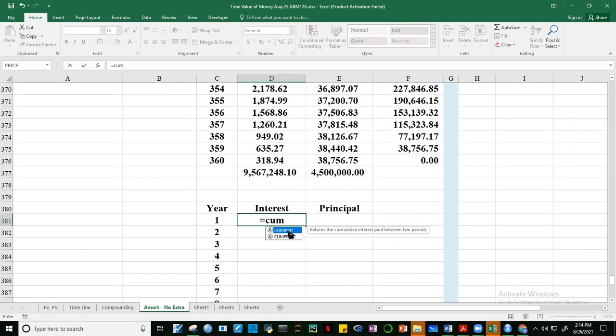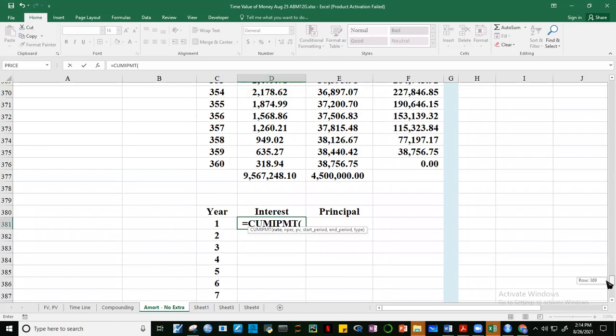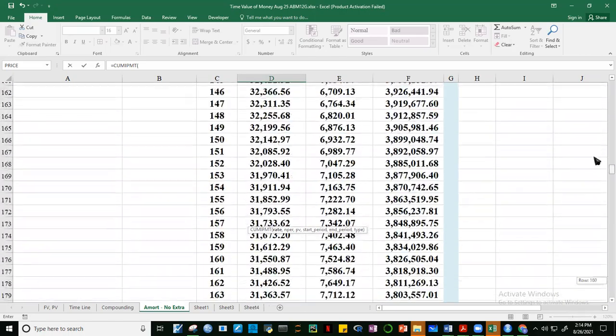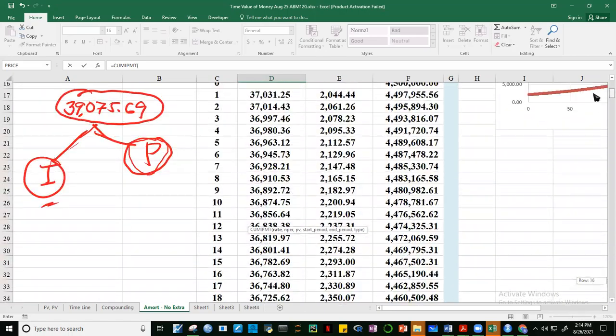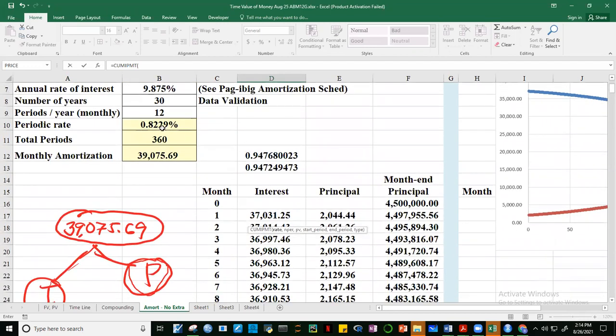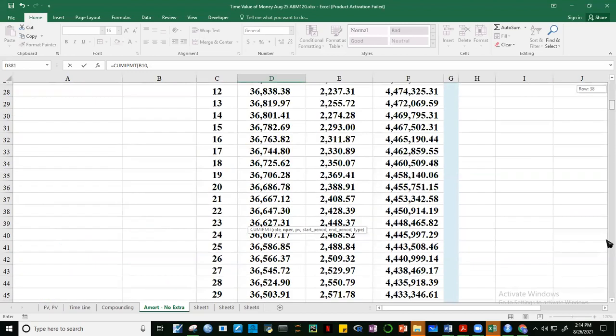Yan. CUMIPMT returns the cumulative interest paid between 2 periods. So let's use this cumulative interest payment. Ano yung rate natin, guys? Rate natin is, siyempre, yung annual natin, monthly. This one, comma. And then what's the next one?